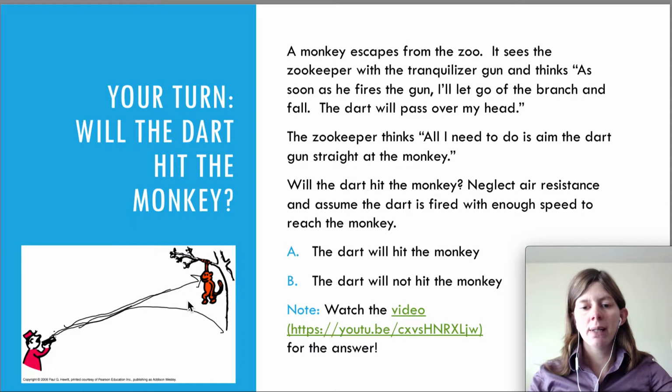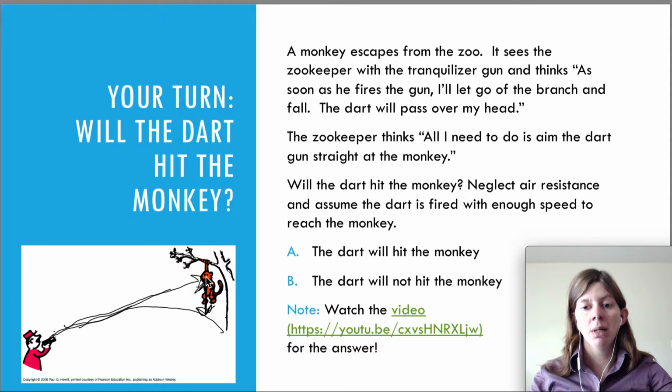So the point here, to make this as easy as possible, is that it goes down because it's in the air for this amount of time. By the time it has reached the monkey, it has fallen down this much because gravity was acting on it for that certain amount of time.